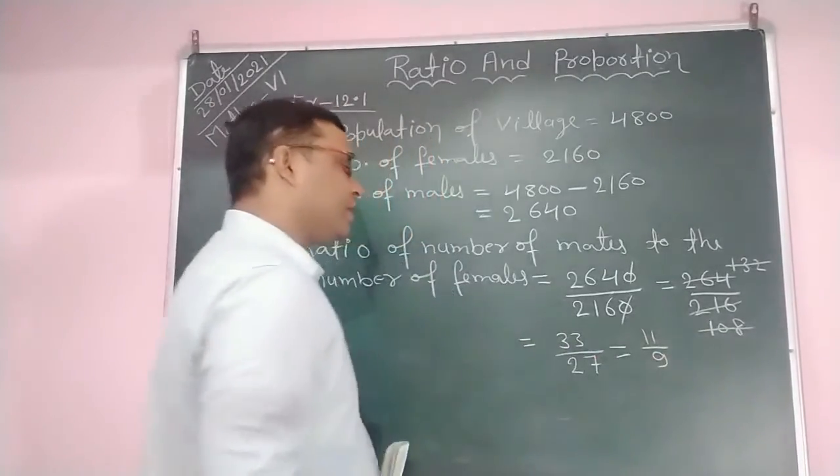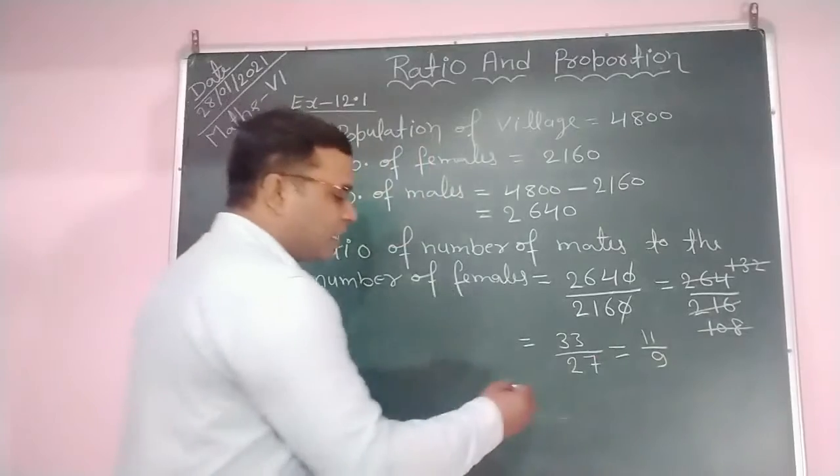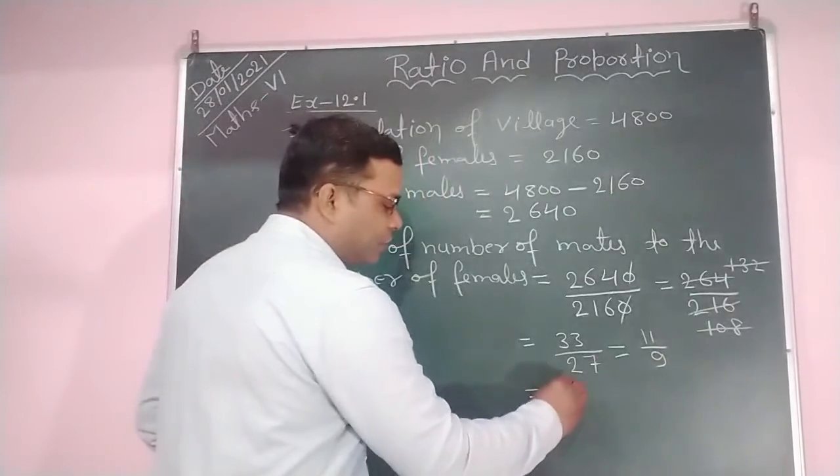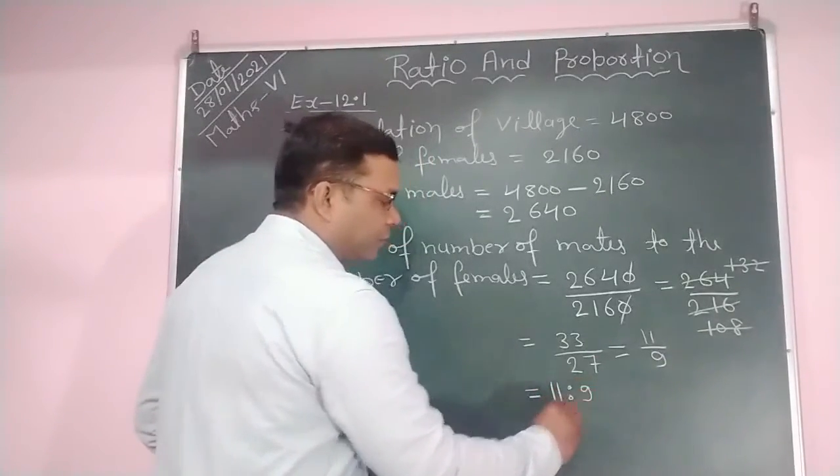So we get 11 by 9, or you can say the ratio is 11 ratio 9.